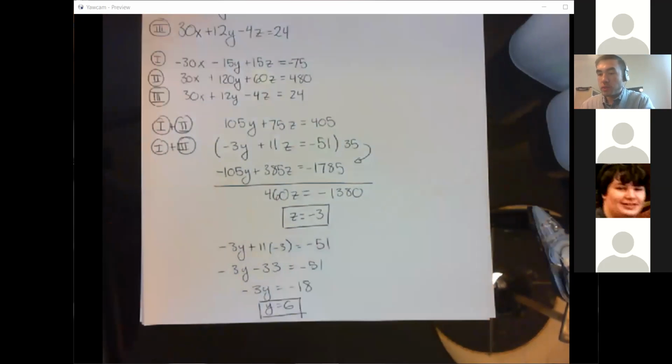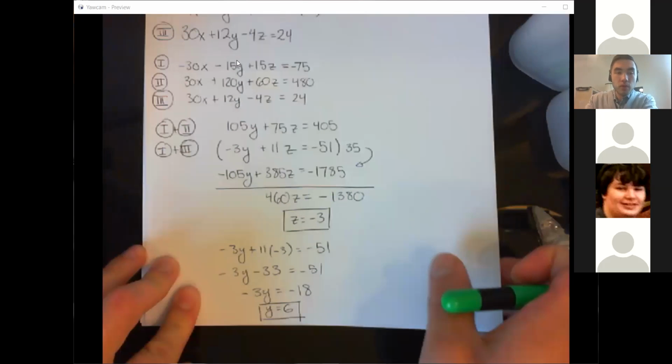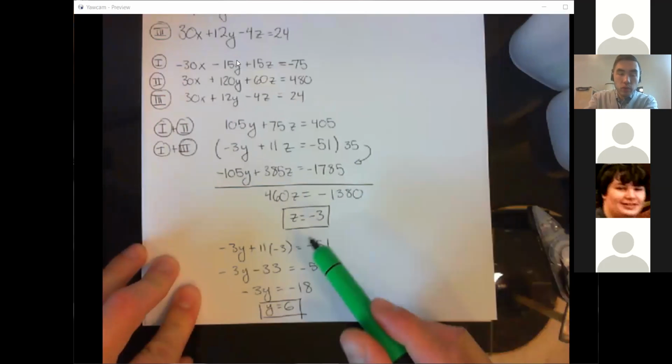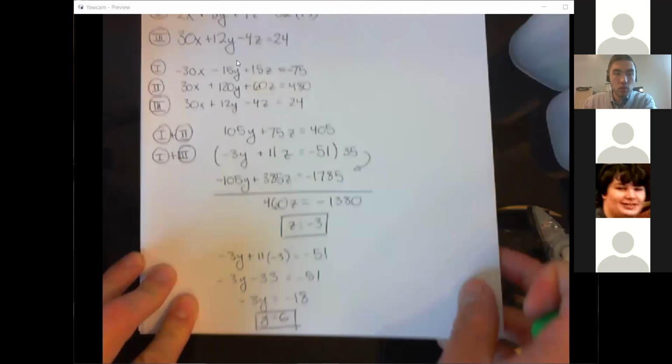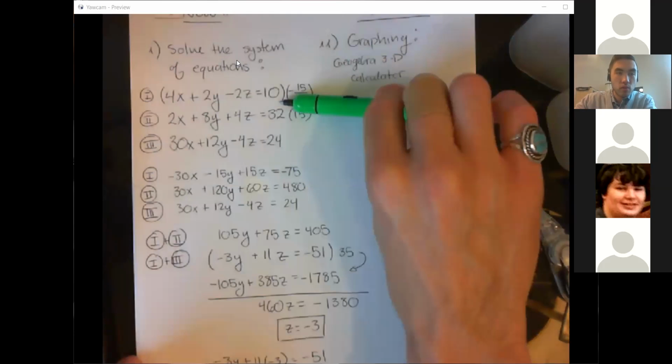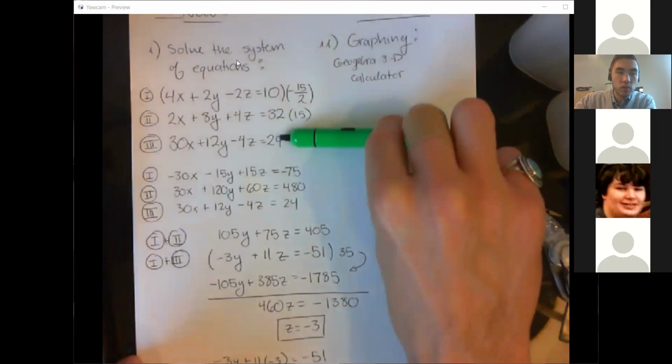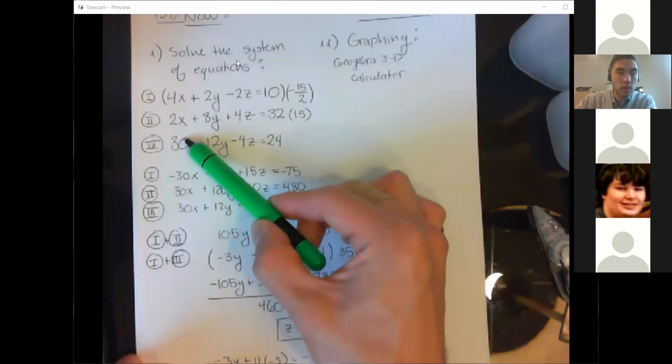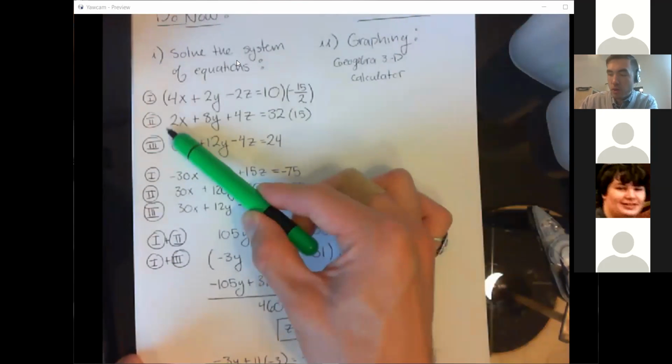And now all I have to do is take both of these values, z is negative 3 and y is equal to positive 6, and I can plug them into any of my 3 original equations. I'm just going to choose this one because I'm looking for x, and in the second equation, x has the smallest coefficient.